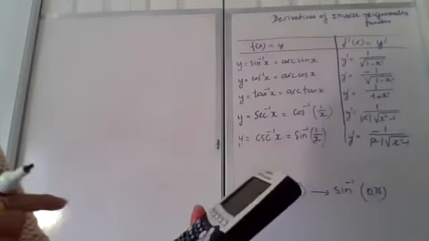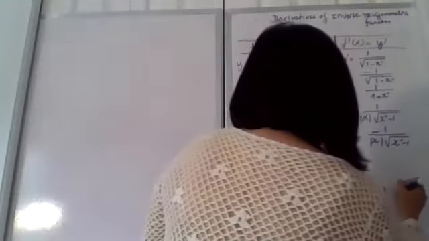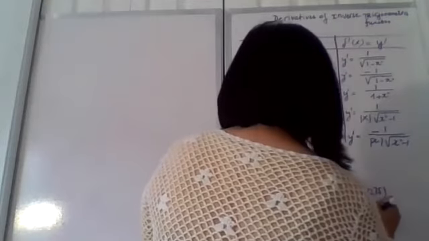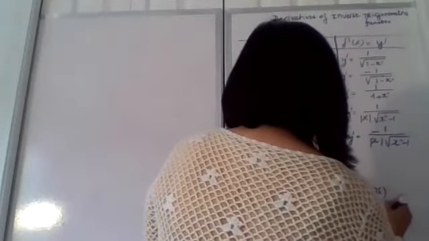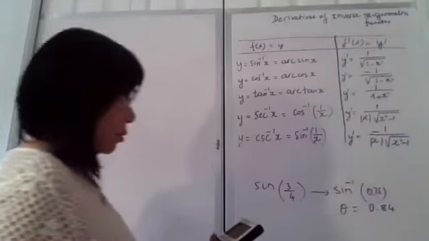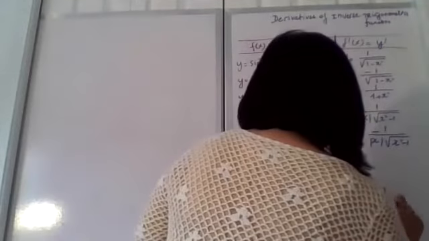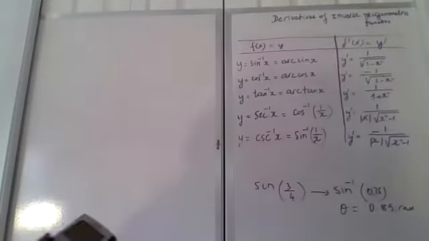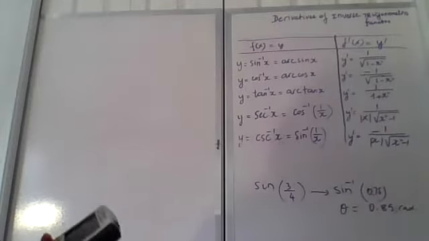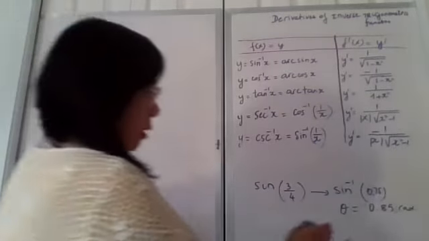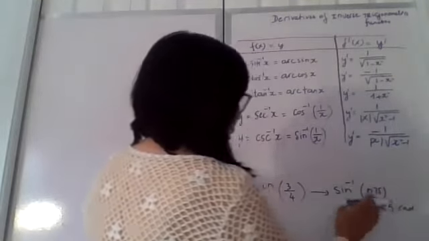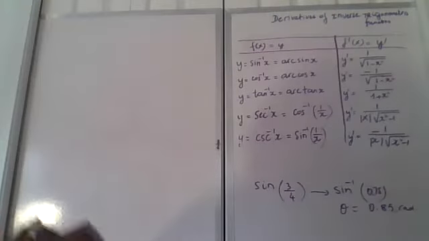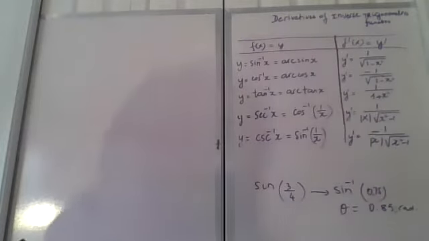So in radians, this angle theta equals 0.85 radians. I'm talking about radians, okay? So this number is the angle theta, not in degrees, but in radians.